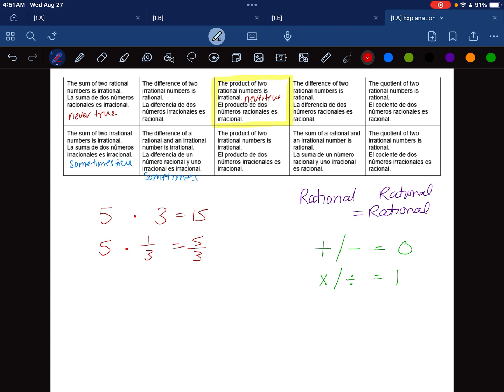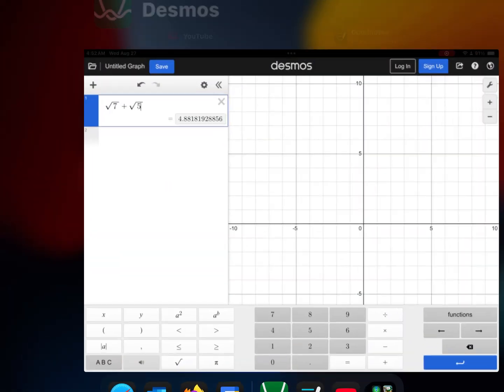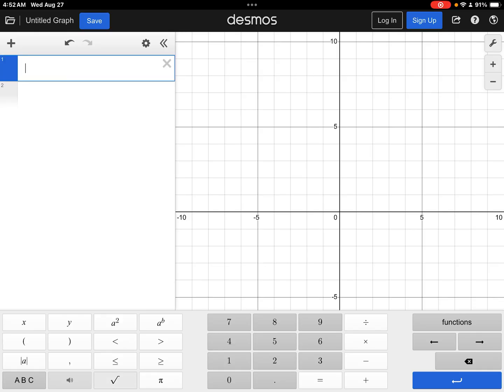Remember how we were saying rational and rational together are always rational? Let's talk about a product, now looking at irrational numbers. If I pop some square roots on here, the square root of 5 and the square root of 3, let's check it out in Desmos. The square root of 5 is irrational, times the square root of 3.